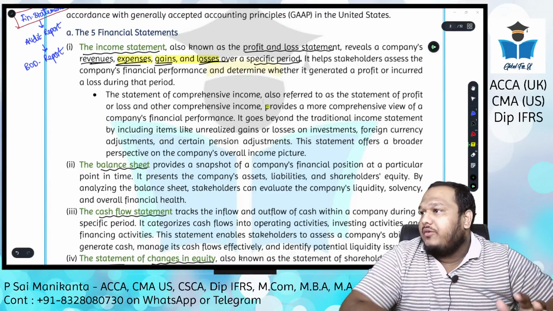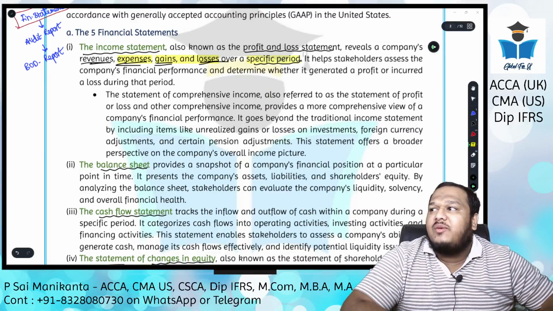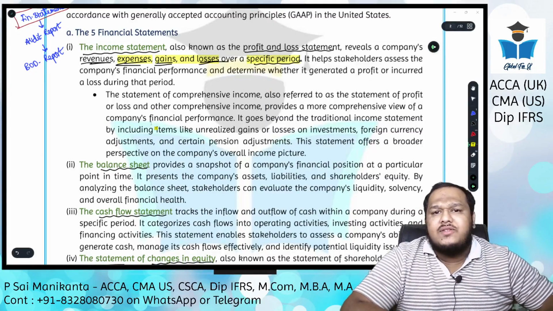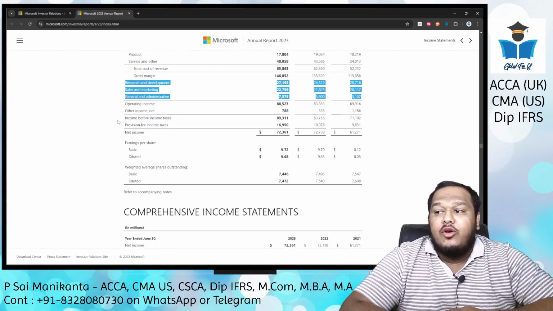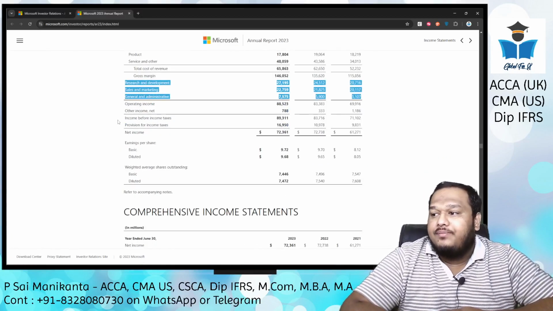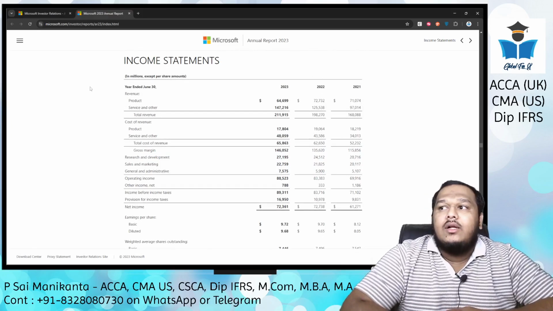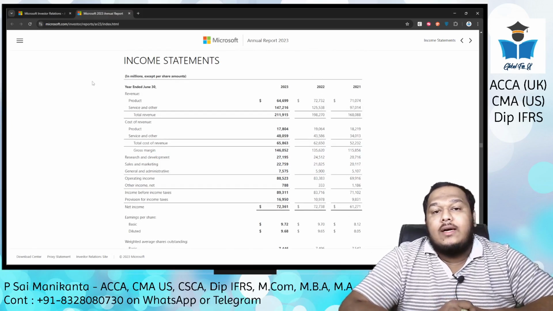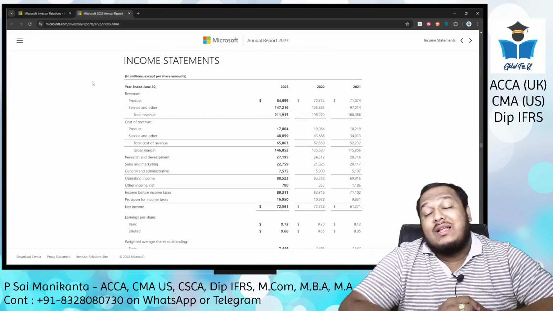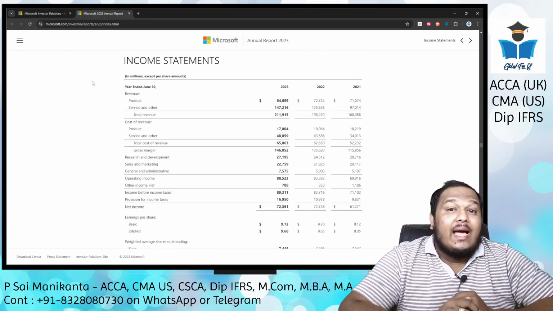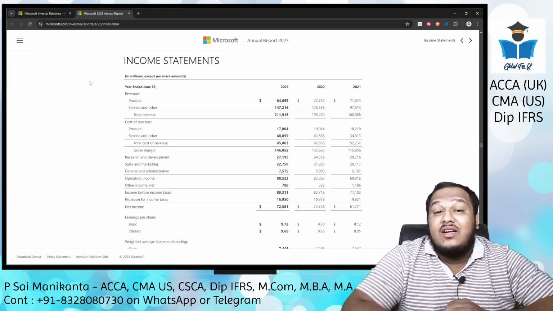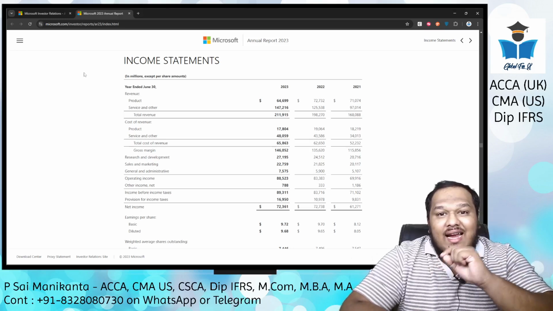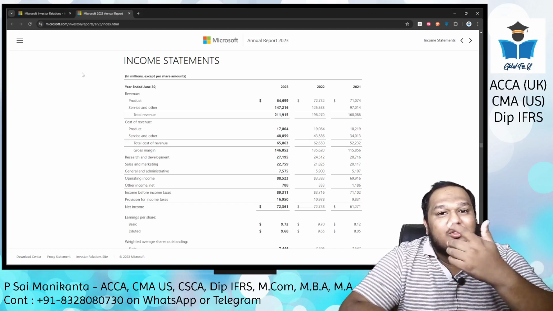Okay, now going further, over a specific period of time. Why is it specifically mentioned and why am I stressing it? Because if you remember from your plus one and plus two, what is the caption for the profit and loss statement? Profit and loss for the period ending on 31st March 2023 or whatever it is.